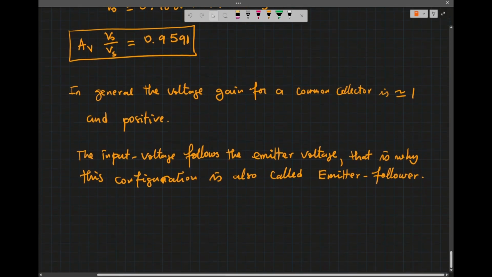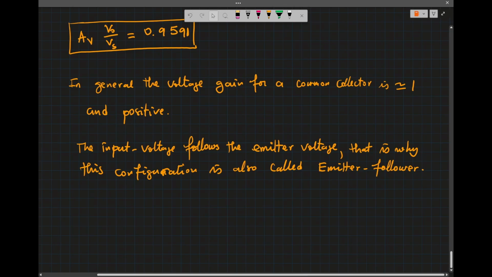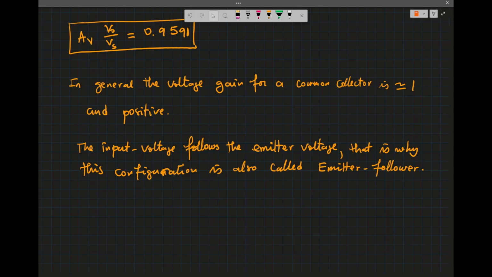Okay, so this emitter follower is mostly used when you design a multi-stage amplifier, and this emitter follower will be at the output. So we are going to do some multi-stage amplifier design in the subsequent videos, and I'm going to elaborate more on why this is so useful.